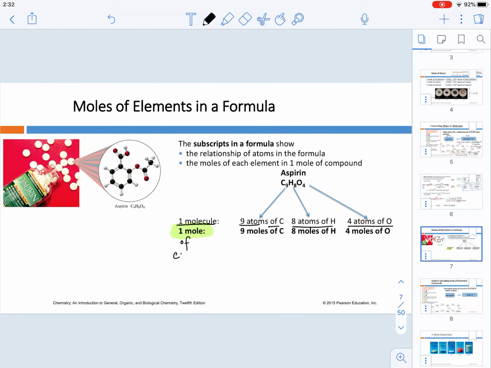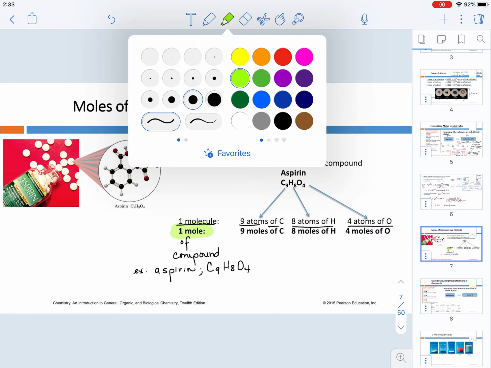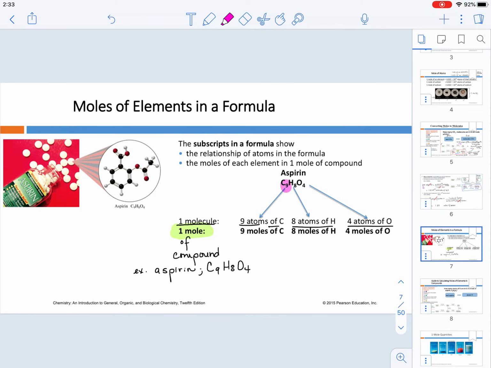So understand that if you have 1 mole of your compound, and here we're talking about, as an example, aspirin, which has a chemical formula of C9H8O4, the subscript values refer to the number of moles we have of that element in the chemical formula.